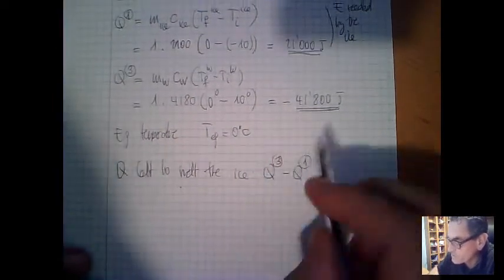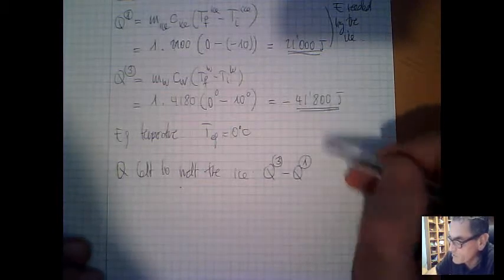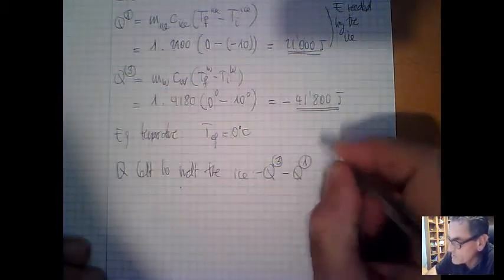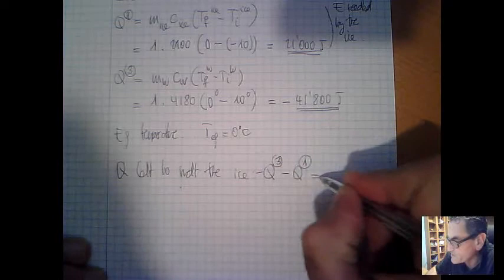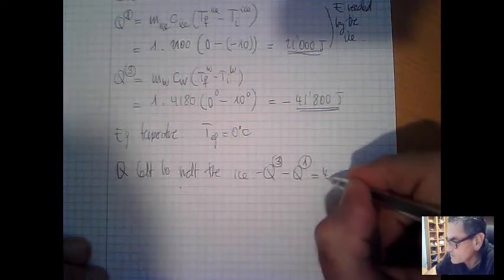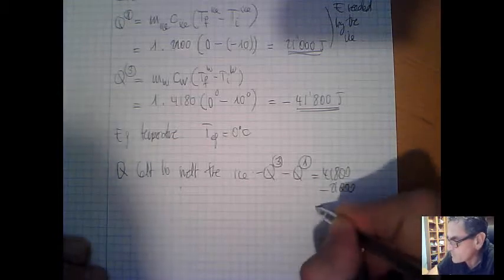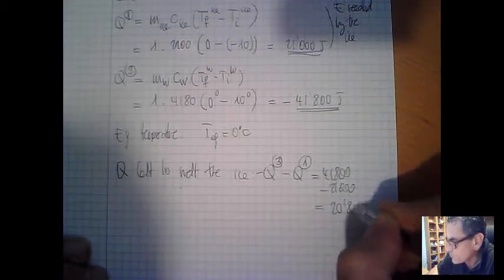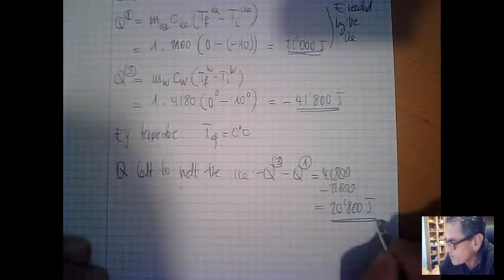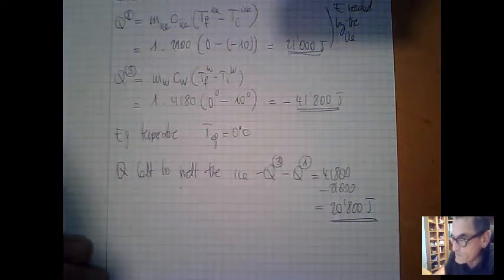I need to not take the signs. So I need to take just 41,800 minus 21,000. And that's 20,800 joules, which we have at our disposal to melt the ice.